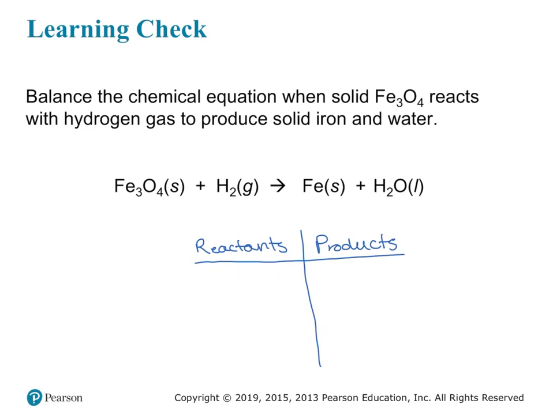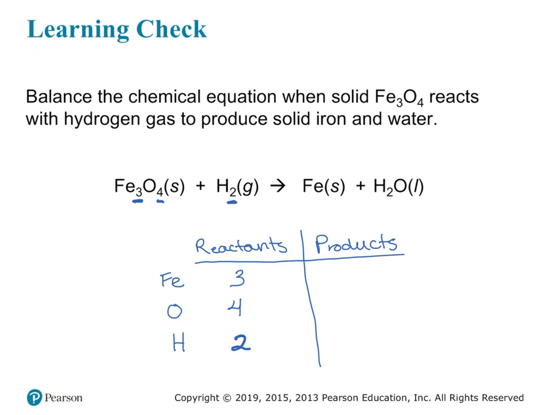And it looks like we have three different elements here. We have iron, oxygen, and hydrogen. All right, so now I'm going to start counting how many of each element I have on each side. So on the reactant side, I have 3 iron atoms. I have 4 oxygen atoms and 2 hydrogen atoms.